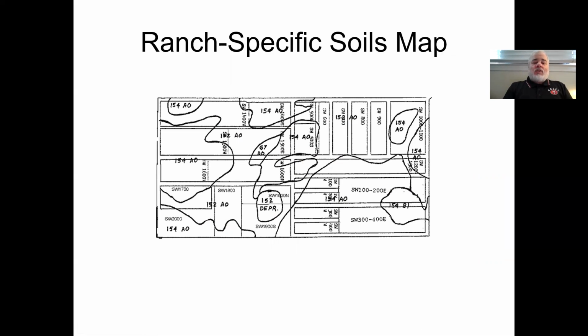So let's say this is your specific map. You've got your different ranch blocks, and within the ranch blocks, you've got these different soil types. And some of these different soil types are going through the middle of fields.